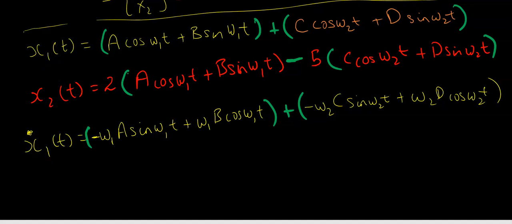Now I can do the same thing for x dot 2. You can see I have a t here, and then I differentiate across here, and you should recognize you're basically going to get the same thing like this, just multiplied by 2.